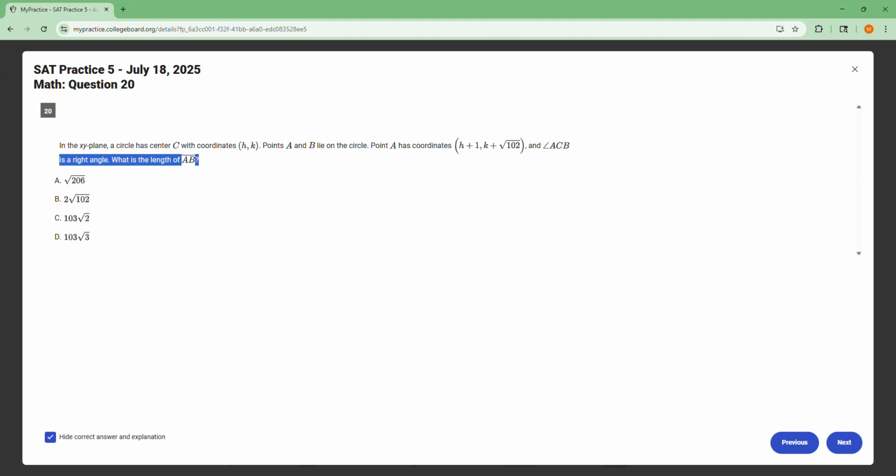Do you know what those other sides are? How would you know those sides?